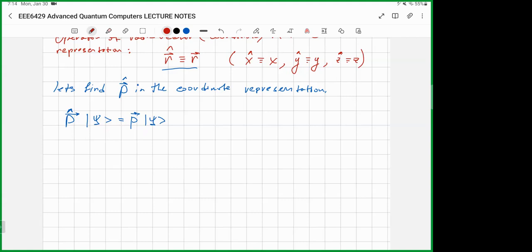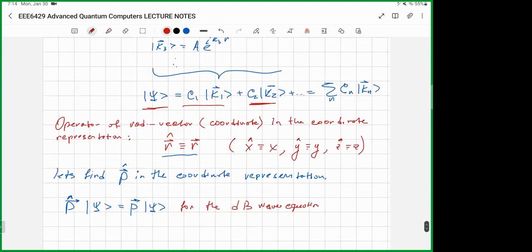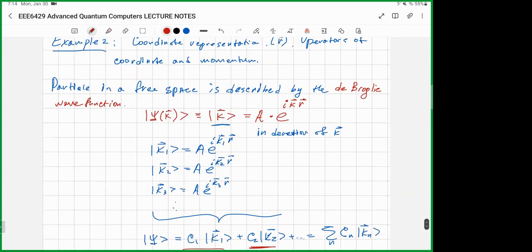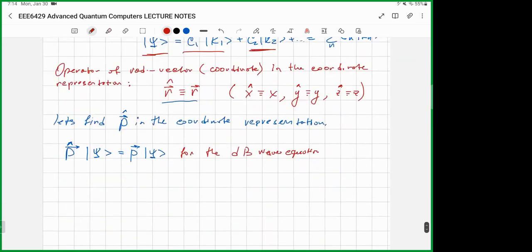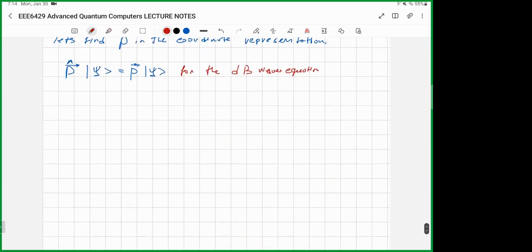So now we have to solve this for the de Broglie wave equation, because this is our postulate that the de Broglie wave is the eigenstate of the momentum operator.